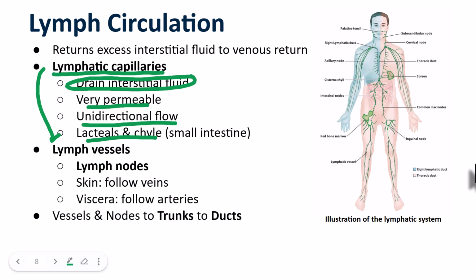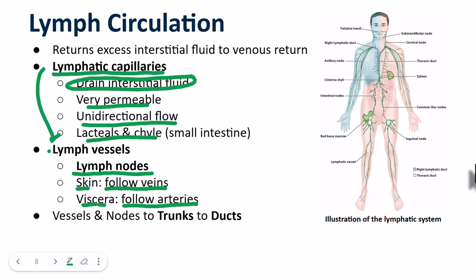All along lymphatic vessels, they will be filtered through lymph nodes, which are condensations of capsulated reticular connective tissue. Along more superficial routes, just deep to the skin, these lymphatic vessels and clusters of lymph nodes follow venous circulation, whereas deeper within the body, along various viscera, these lymphatic vessels will follow arteries.